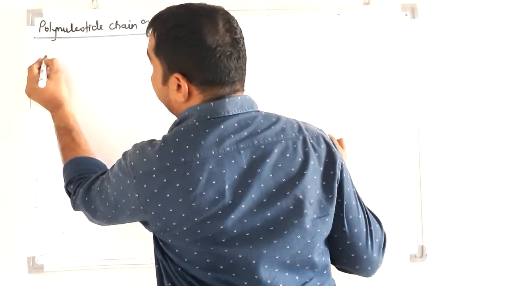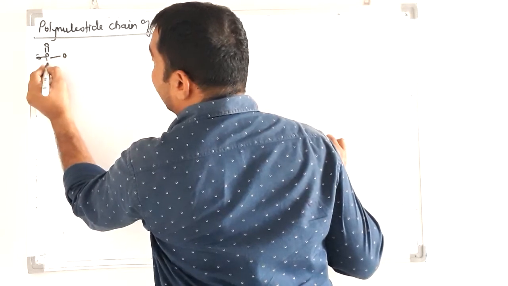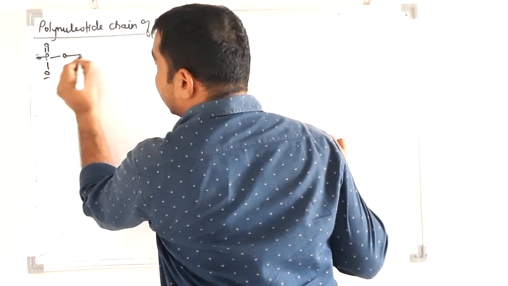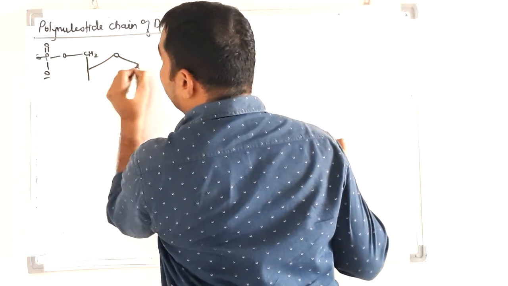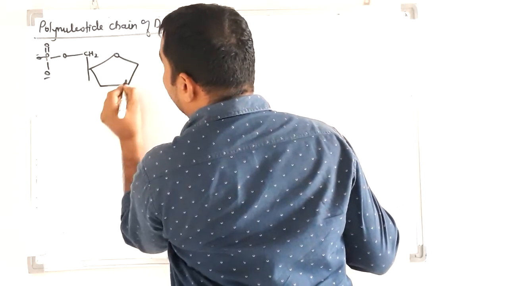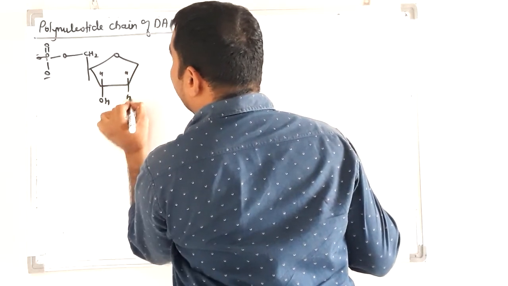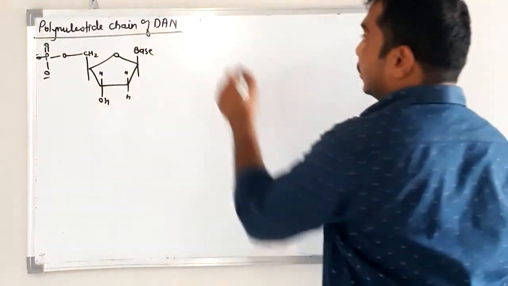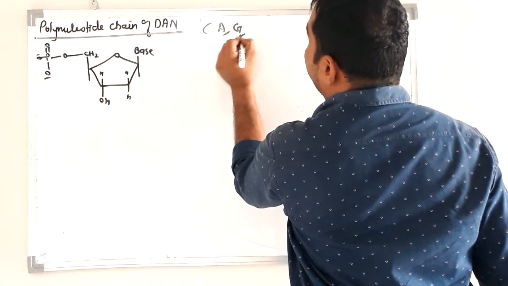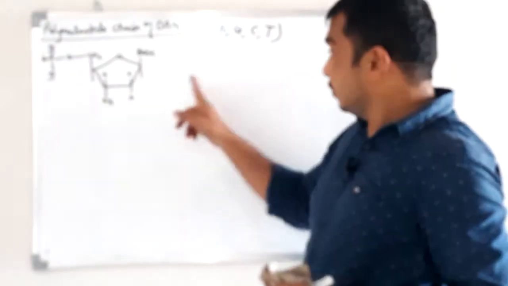PO minus, double bond O, O minus, this is attached to CH2 of the sugar molecule, this is OH, H, here base means one of the base molecules, either adenine, guanine, cytosine or thymine, one of them will be present here.